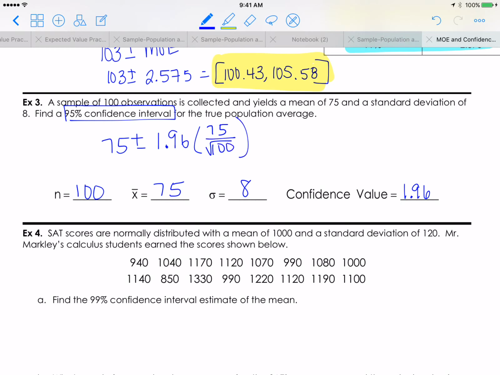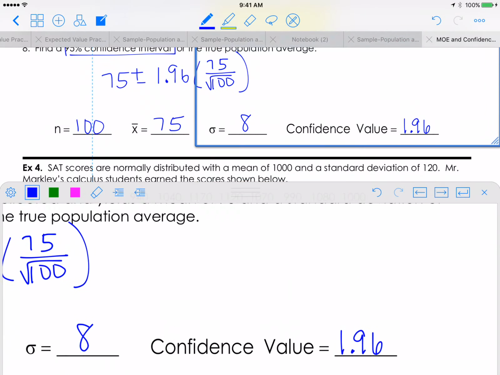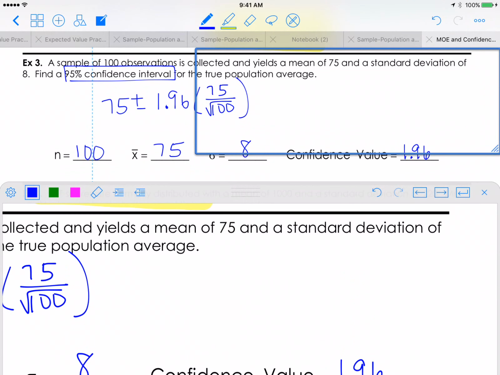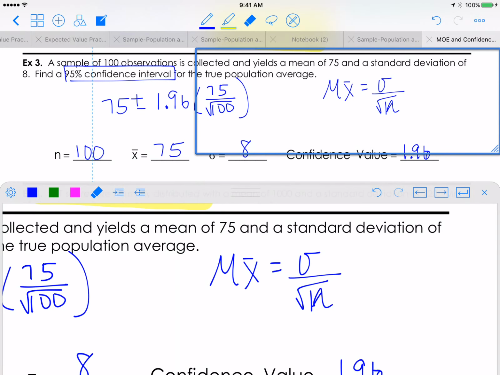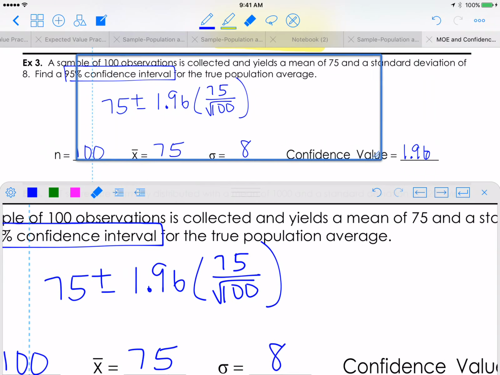And we'll talk about why that changes on Monday, because if you go back to your formula, we're used to having the formula of mu sub x bar is equal to the population mean, and sigma sub x bar is the standard deviation divided by the square root of n. So we'll talk about that more on Monday, why that switches up. I'm going to leave that for when I'm actually in the classroom.